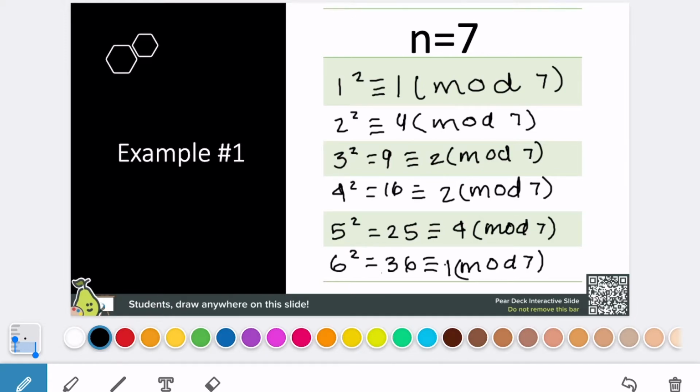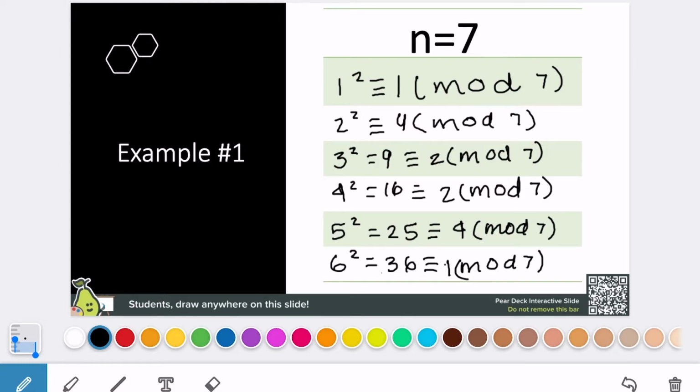Then we see the outputs. 1 squared is congruent to 1 mod 7, and 2 squared is congruent to 4 mod 7. Then 3 squared equals 9, which is congruent to 2 mod 7. 4 squared equals 16, congruent to 2 mod 7. 5 squared equals 25, congruent to 4 mod 7. And 6 squared equals 36, congruent to 1 mod 7.